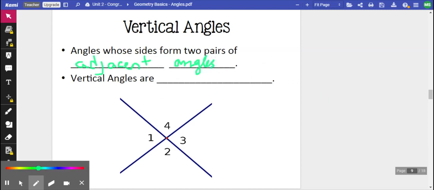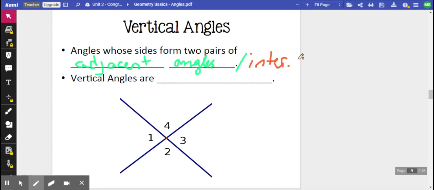Another thing we could say about this first blank is we could also say two pairs of intersecting lines. So we could say intersecting lines. And vertical angles are congruent.